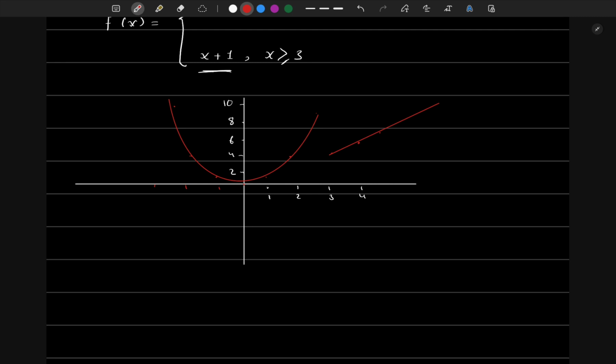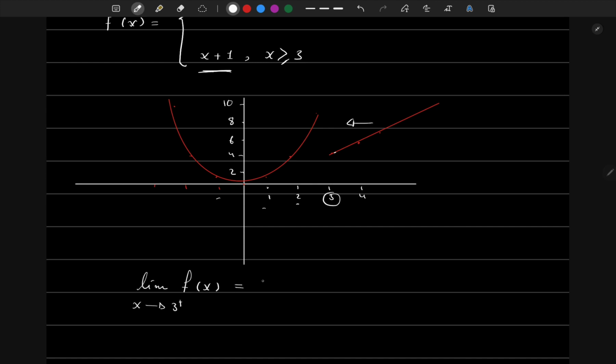Now in this case, if I am going to look at the limit of f of x, when x approaches specifically this number 3, 2, 1, negative, 4, even all of those, we have no problem with them. But when we are looking at 3, if I am approaching 3 from the right hand side, that means I'm approaching 3 from this way, then I'm going to have a value that is here.